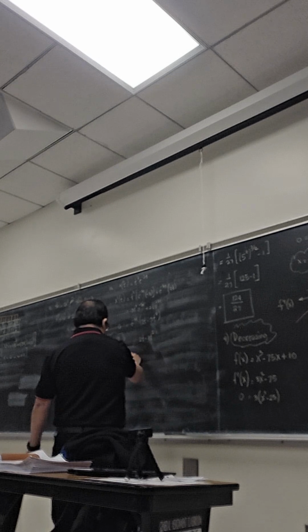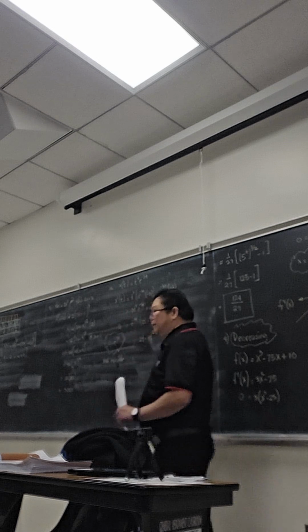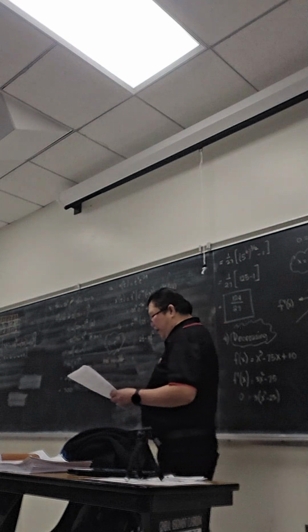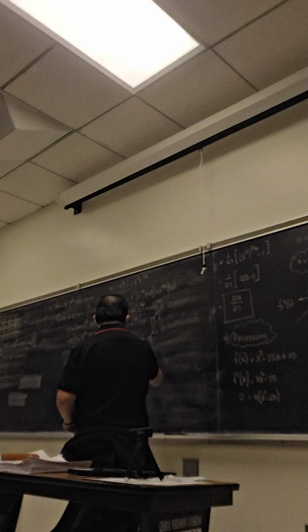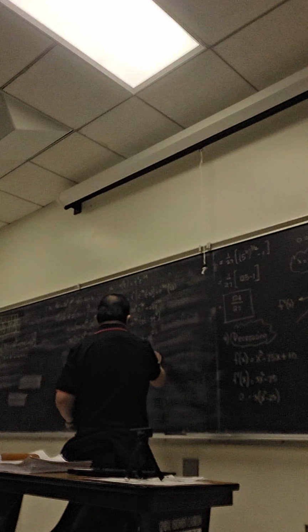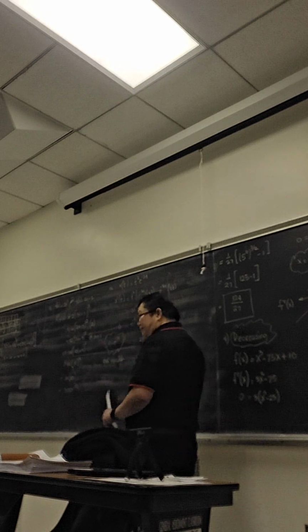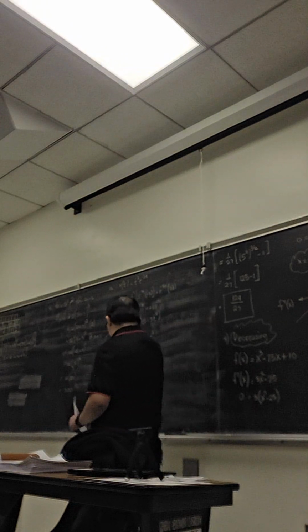Which means what is the common factor? T is common, right? So we factor out t, and then 2 minus 3t. So of course this is 0.